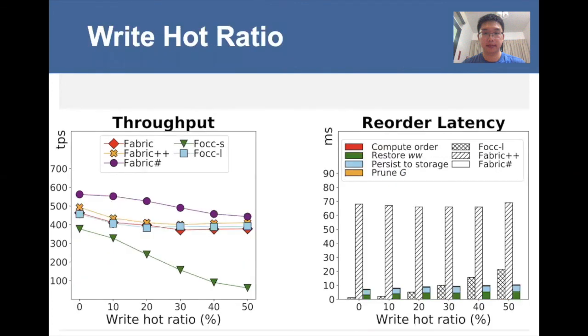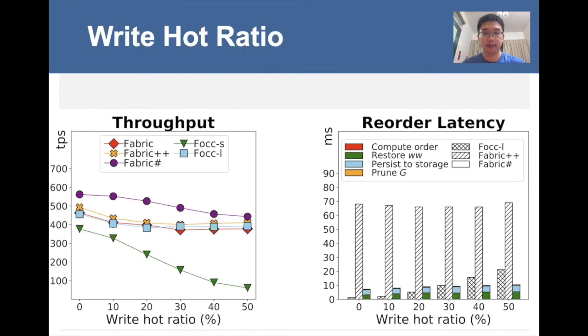In the second experiment, we varied the write-hot ratio and their respective optimal block size. Notably, Fabric Shop constantly outperforms other baselines. From our internal fine-grained timing, we observed that Fabric Shop spends significantly less time to process a block than other baselines.